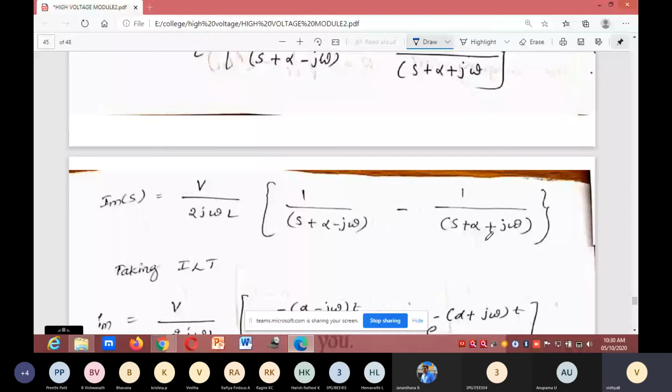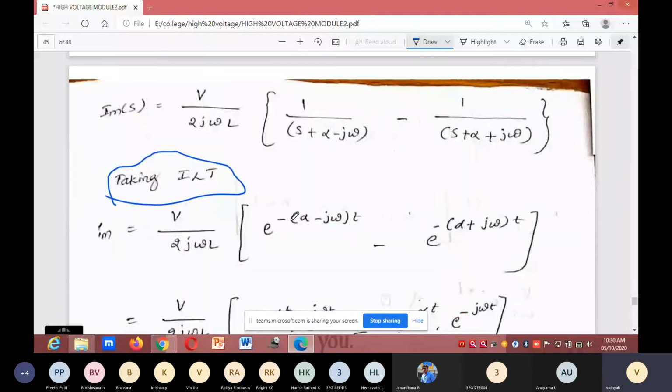Okay, for this, take the inverse Laplace. It is e to the power of minus, open bracket, alpha minus j omega, close bracket, t. Since it is s plus a, it gives e to the power of minus a t, where the a value is alpha minus j omega.